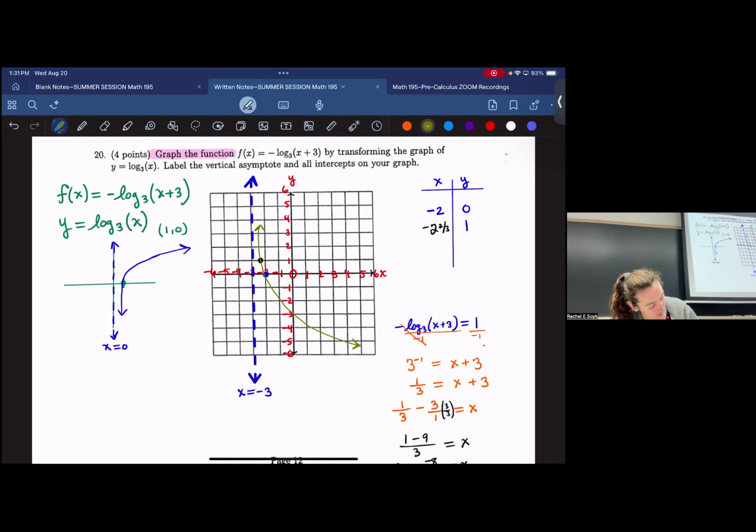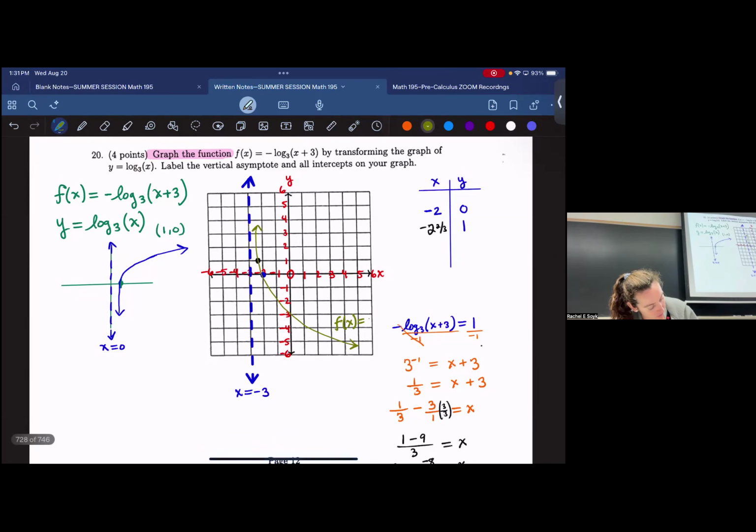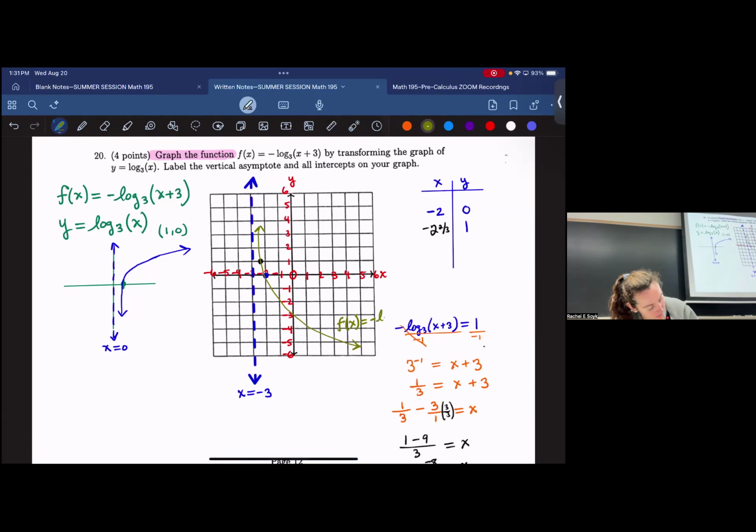And then we have our f of x is equal to negative log base 3 of x plus 3. And we're done.